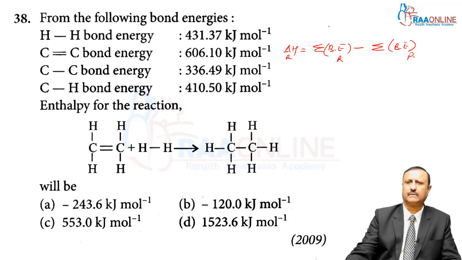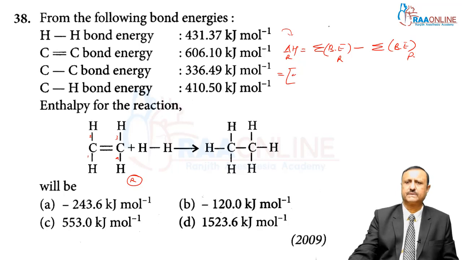You can apply this formula, and what is the reactant? Here you can see the reaction. In this section you can see 1 double bond, these are the reactants, and in these reactants what bonds are present? Here you can see the CH bonds 1, 2, 3, 4.